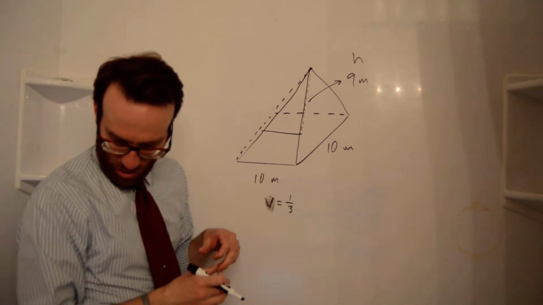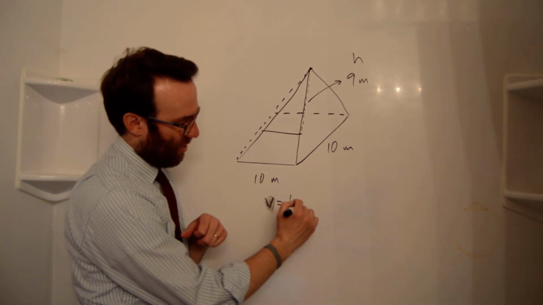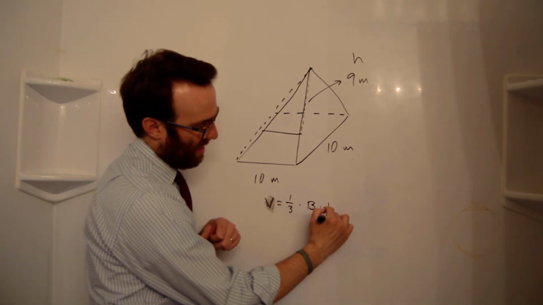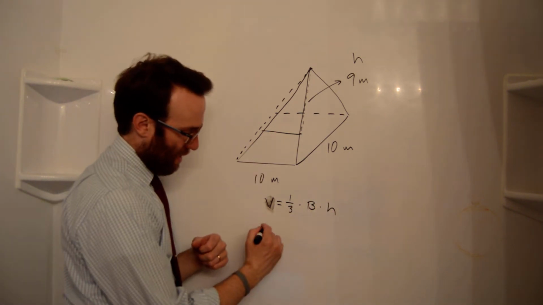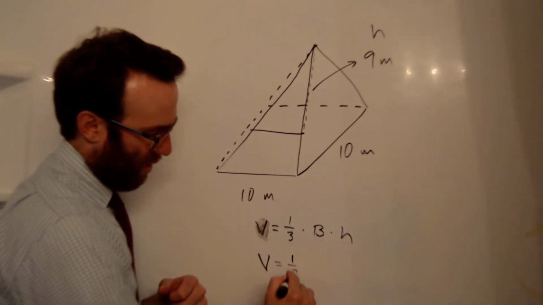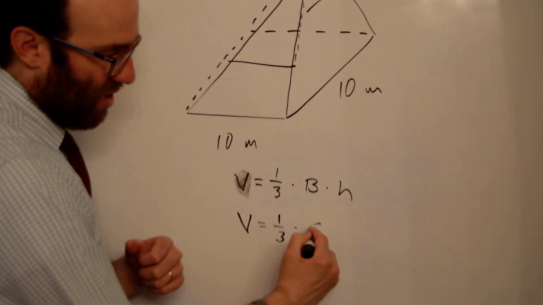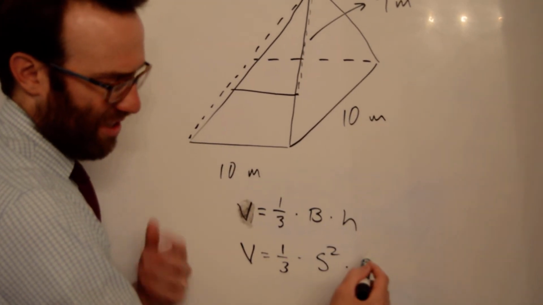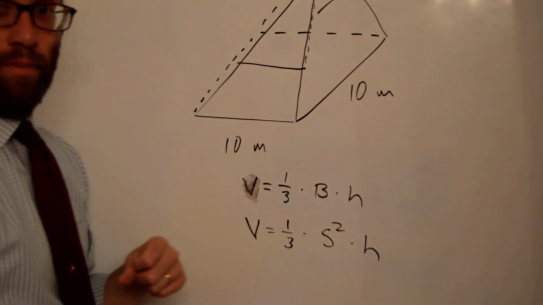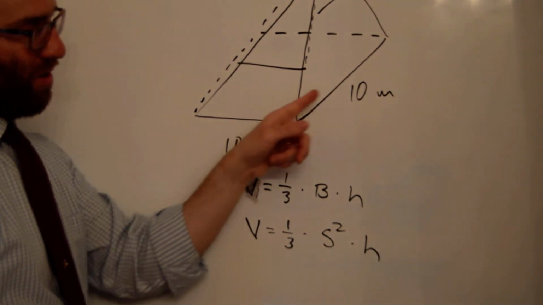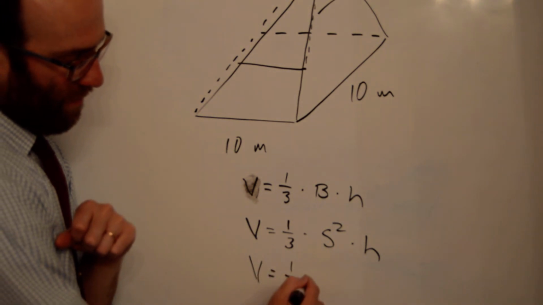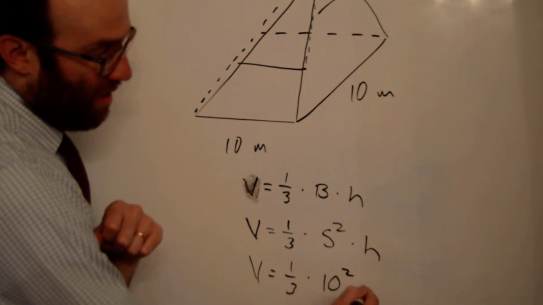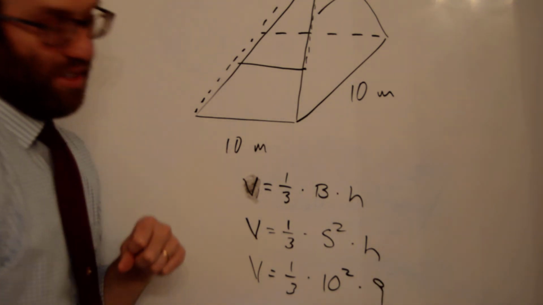So 1/3, and then you're going to see the area of the base times the height. In this case, that base is a square. So 1/3 times, remember, side squared, or just length times width, either one. Because they're both 10, they're the same. So 1/3 times the 10 squared times the 9 meters is the height.